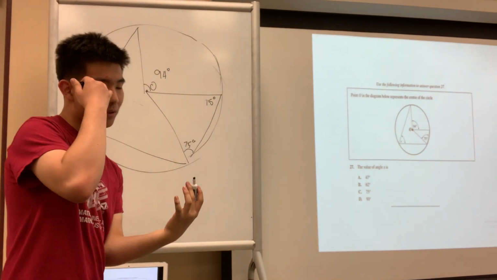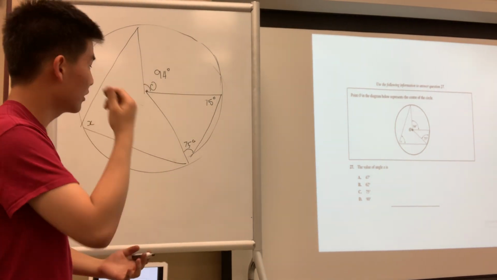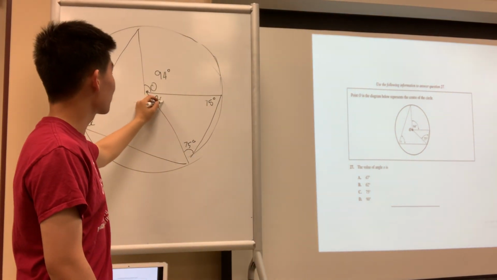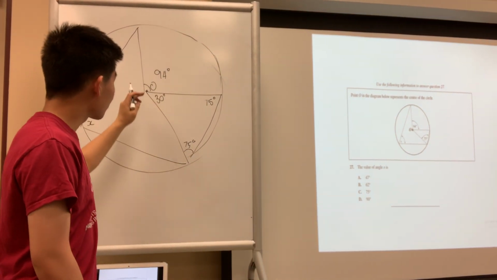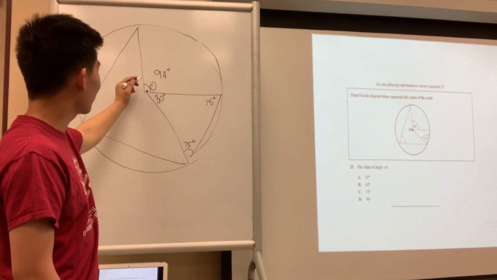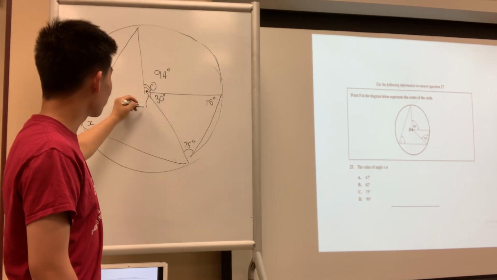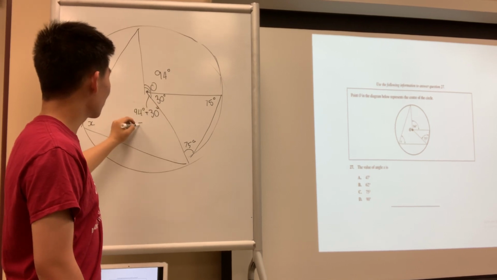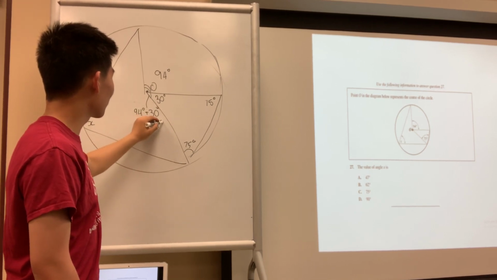We know the angles in a triangle add up to 180. 75 plus 75 is 150. So this angle has to be 30 degrees. Now this entire central angle ends up being 94 degrees plus 30 degrees, which is equal to 124 degrees.